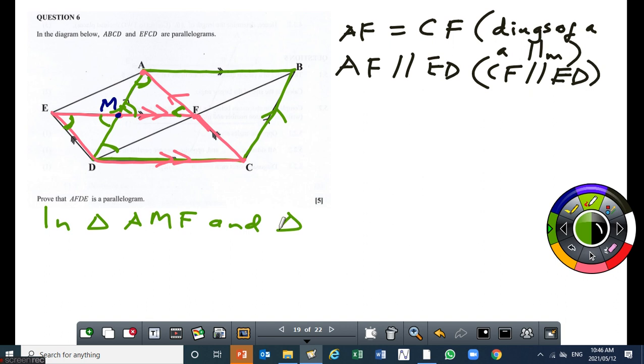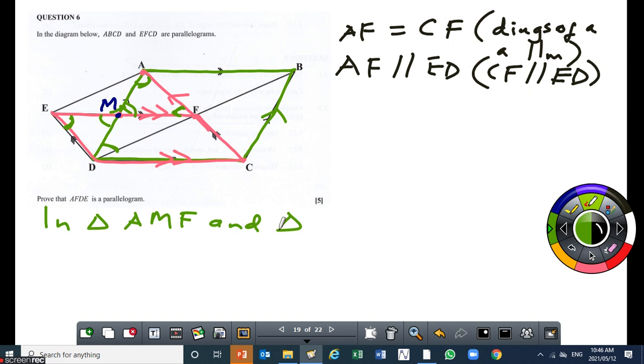What is the objective? I want to prove that the diagonals bisect. So I want to prove that EM is equal to MF and AM is equal to MD. That's the objective. So I have to use congruence to do that.